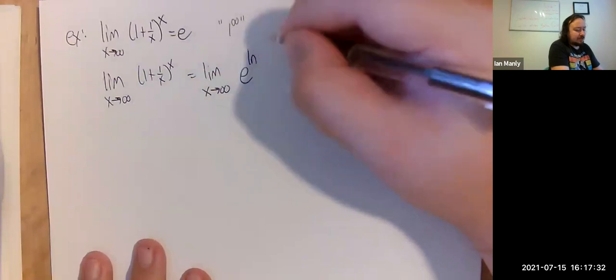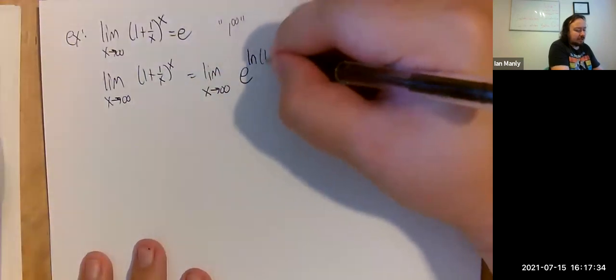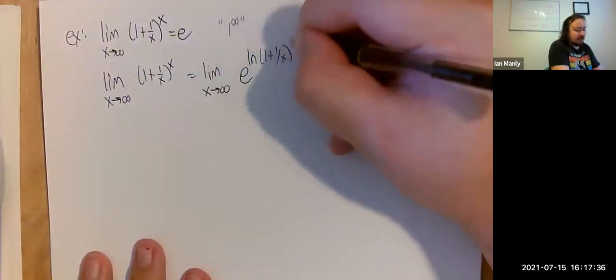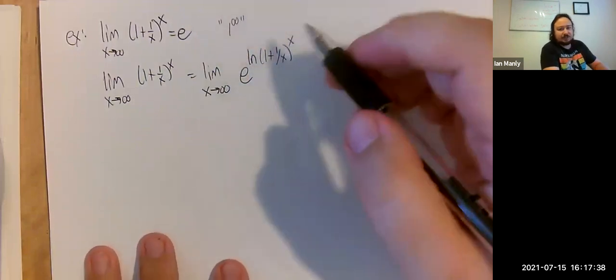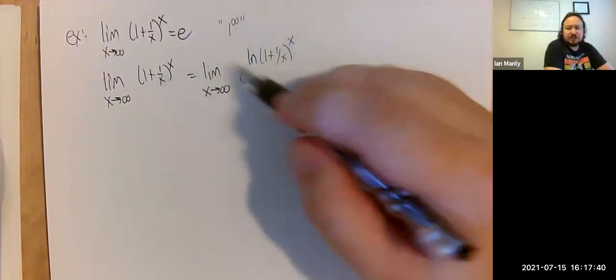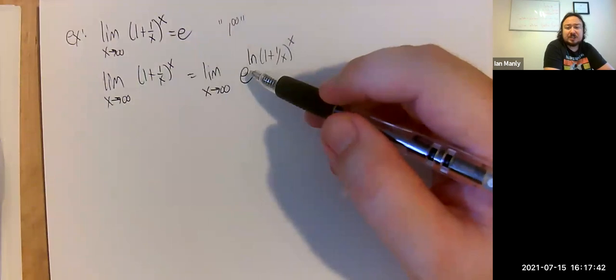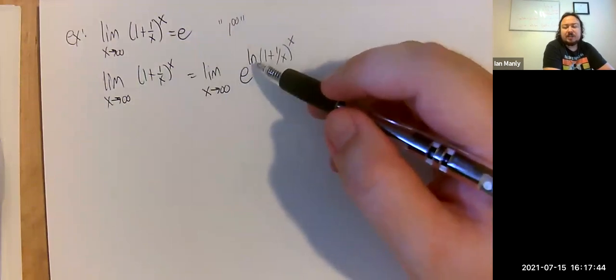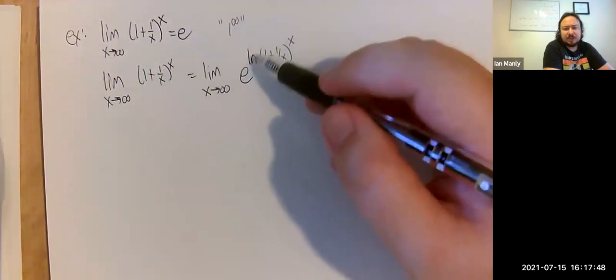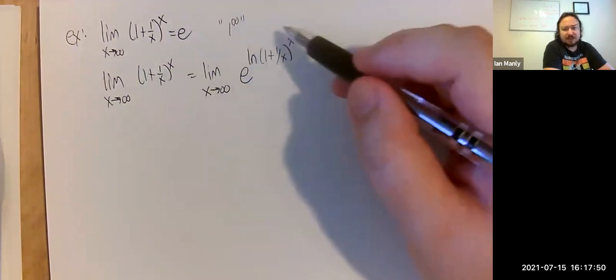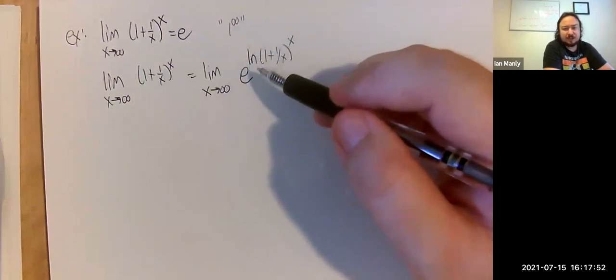I'm going to rewrite this as e to the natural log of (1 plus 1 over x) to the x. All right, now this looks pretty different, but remember these are actually the same thing because e raised to a natural log, these are inverse functions. So at any time we could cancel these out and end up back here. So this is a valid move right here.